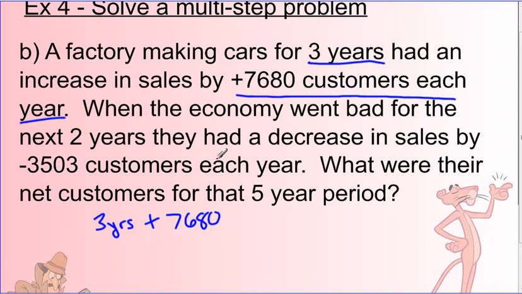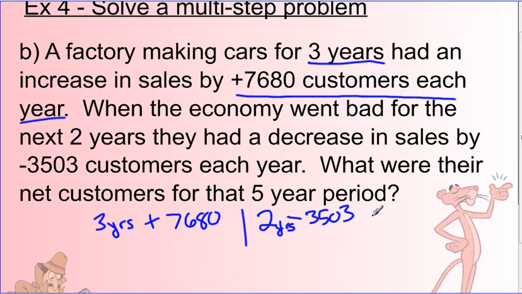Then the economy went bad for the next 2 years, and they had a decrease in sales by that much. So for 2 years, they had a negative 3,503 customers each year. What were their net customers for the 5-year period?